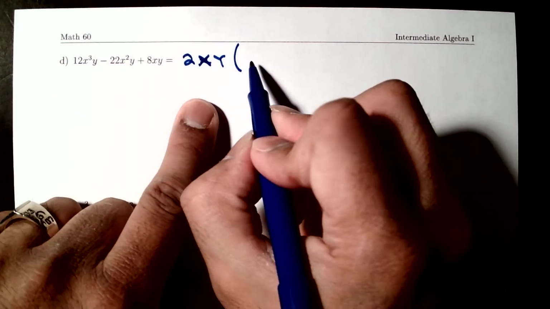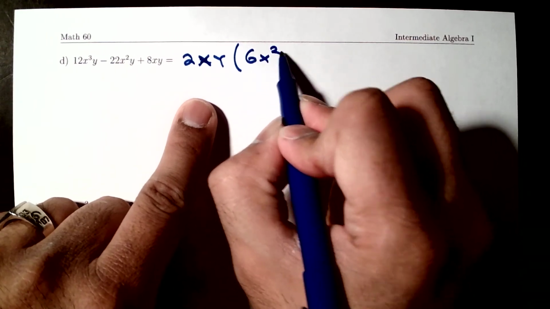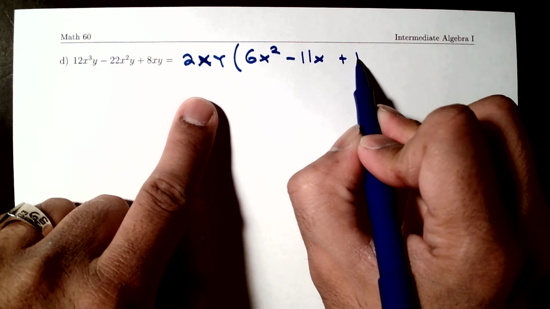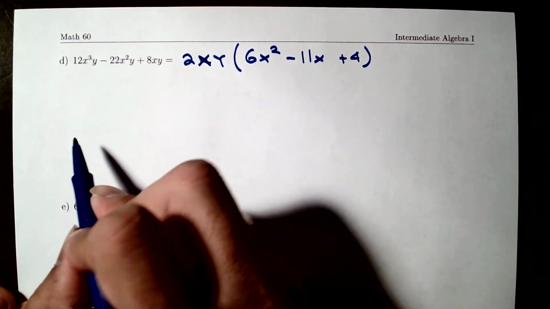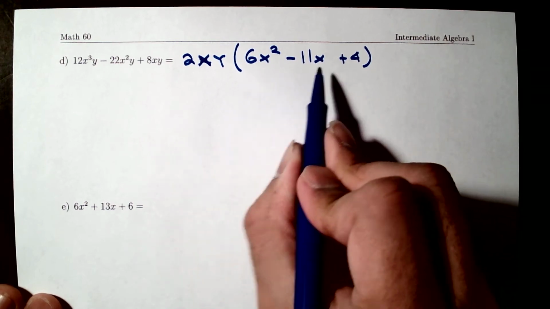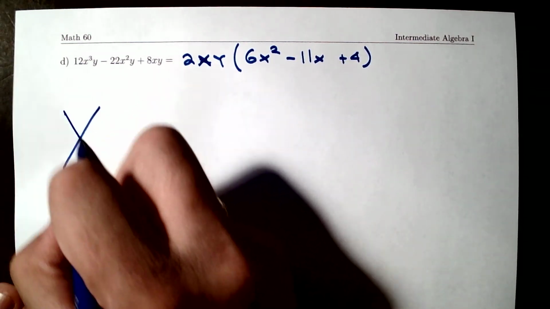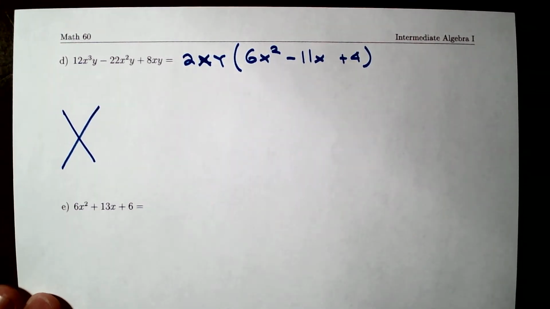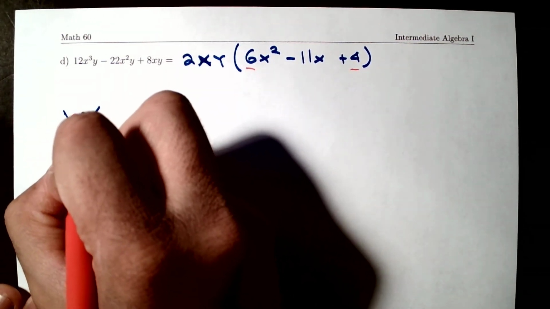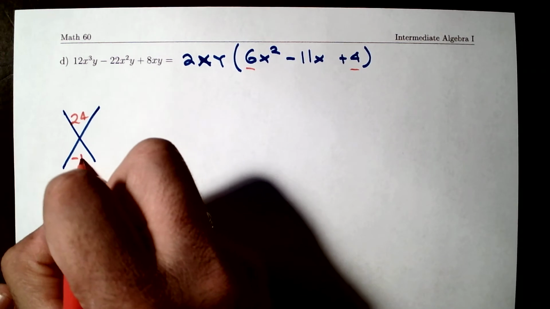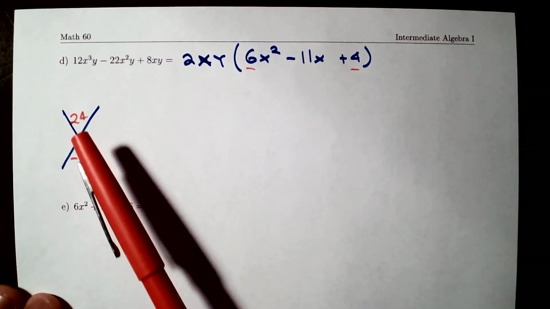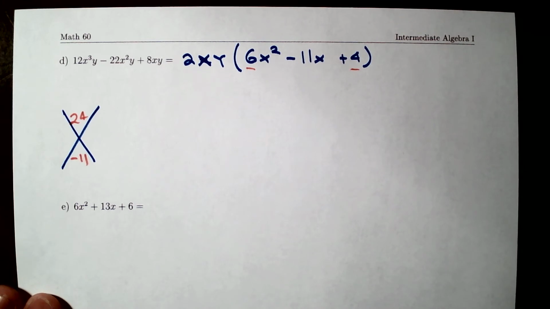I'm going to be left with 6x squared minus 11x plus 4. And we're going to use the diamond method on the trinomial inside of the parentheses. 6 times 4, which is 24, and negative 11. We already did the factoring of 24, that gives us 11 when we combine.